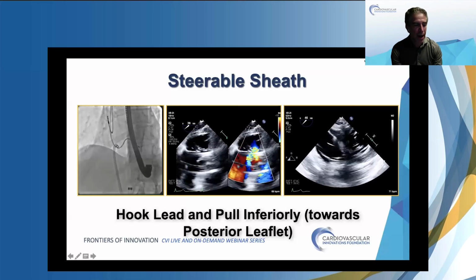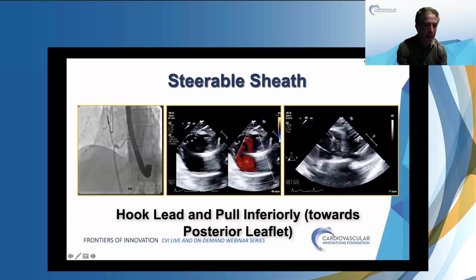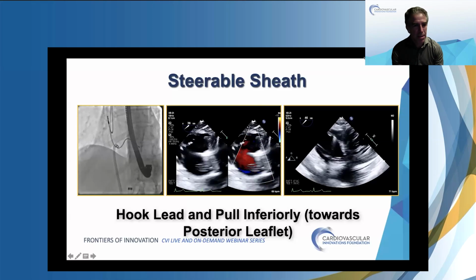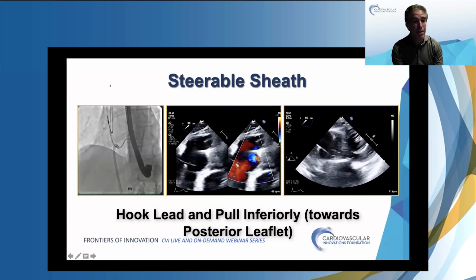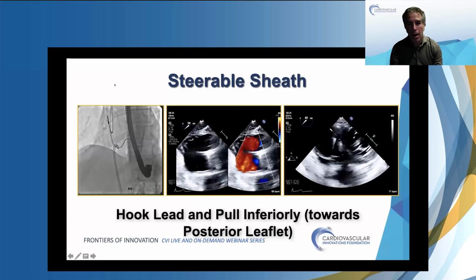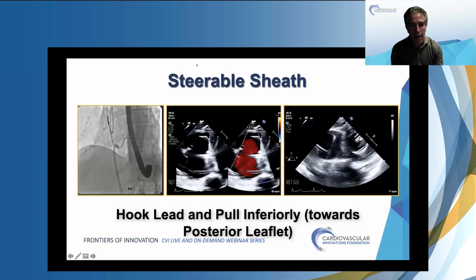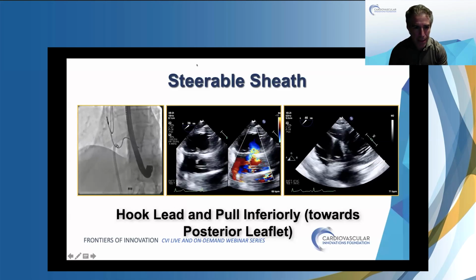Yeah. So you see here, I can't recall what type of steerable, but you can use an Agilis, you can use Baylis, you can use an Oscor. I've even sometimes used ICE catheters. So here on the left, I had some bills, but I think we can't see them here.